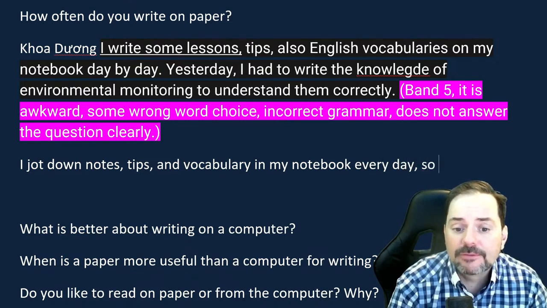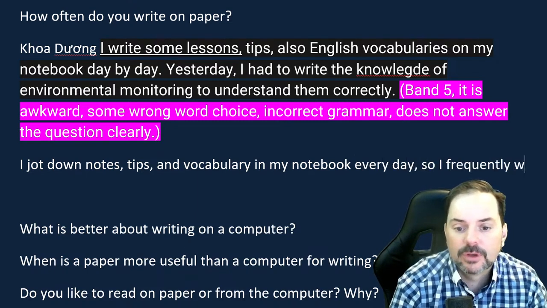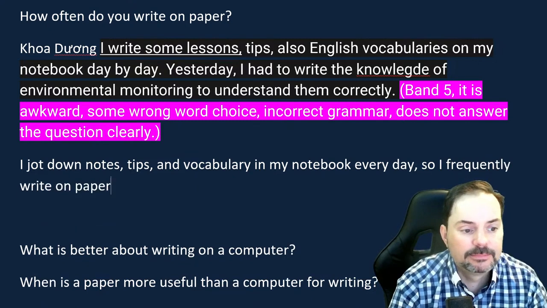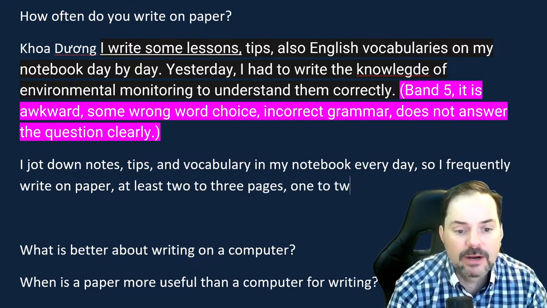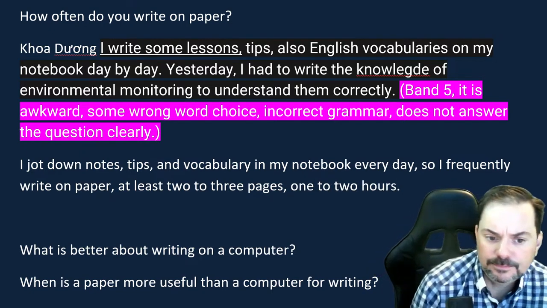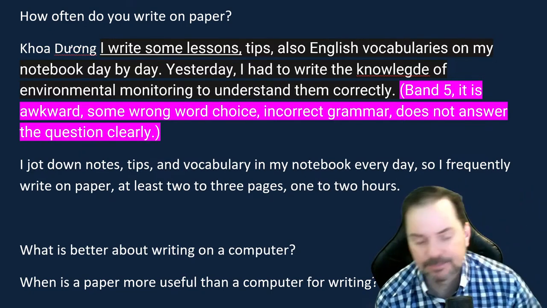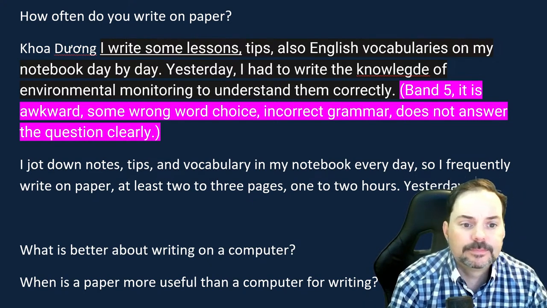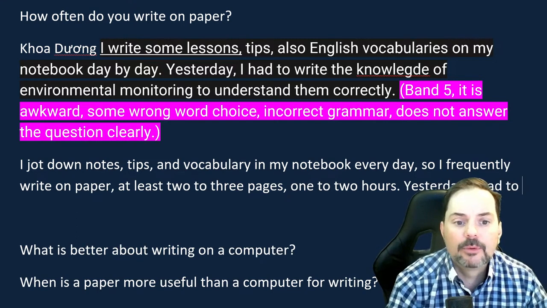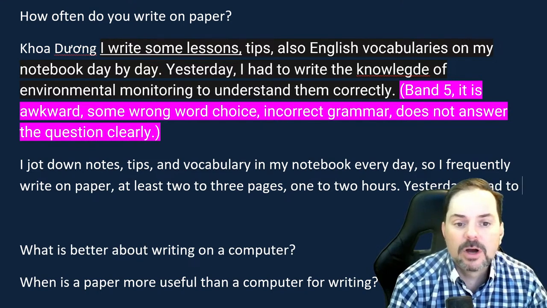So I frequently write on paper at least 2 to 3 pages, 1 to 2 hours. Okay? That's what would make sense. Yesterday, I had to write the knowledge of environmental monitoring.